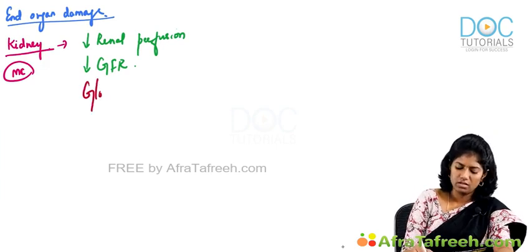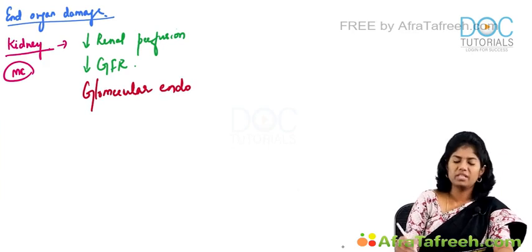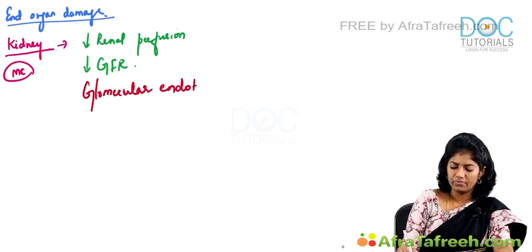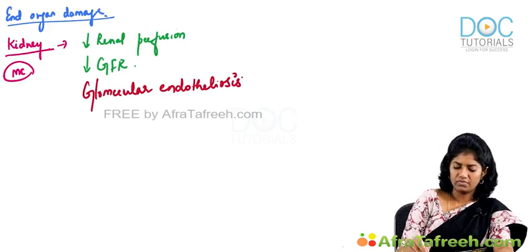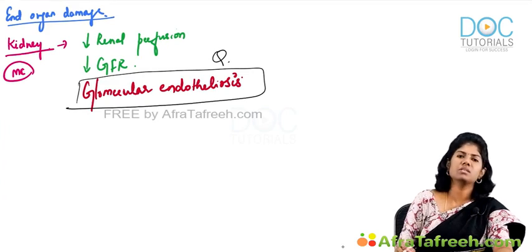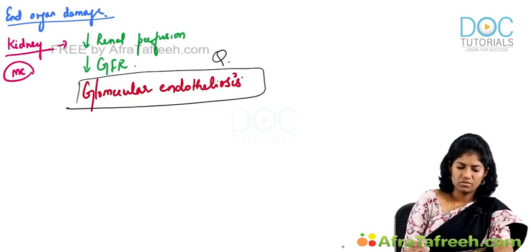This question has already come in all India exams. The pathognomonic lesion associated with preeclampsia in kidney is glomerular endotheliosis. Very important MCQ. Kidney is the most commonly involved organ and glomerular endotheliosis is the characteristic lesion associated with it.